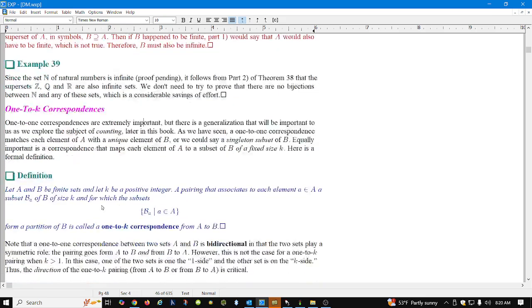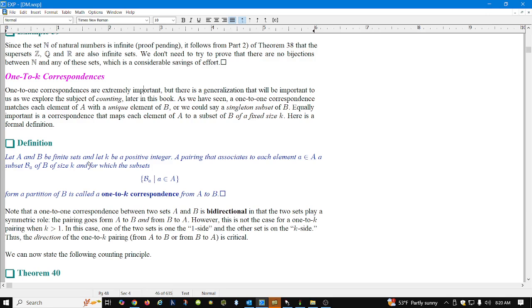And here's a formal definition. Let A and B be finite sets, and let K be a positive integer.